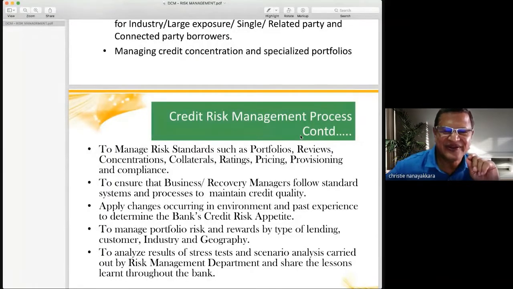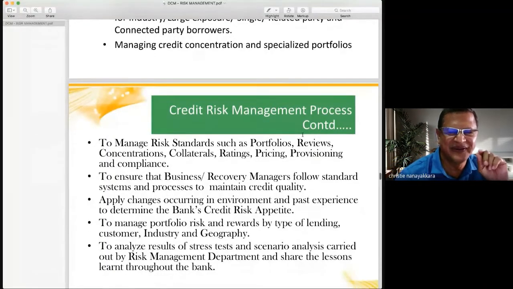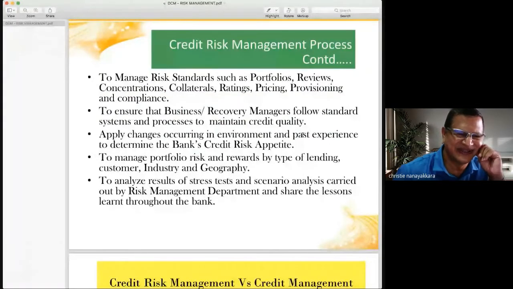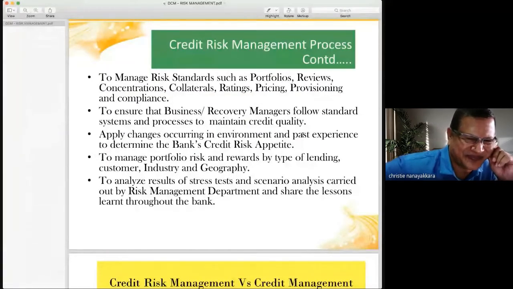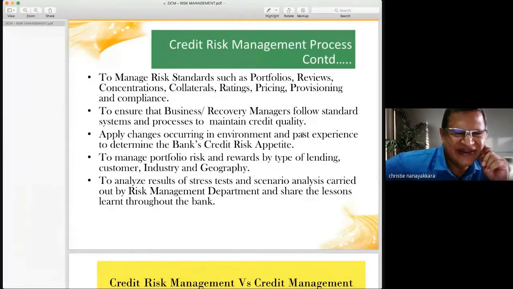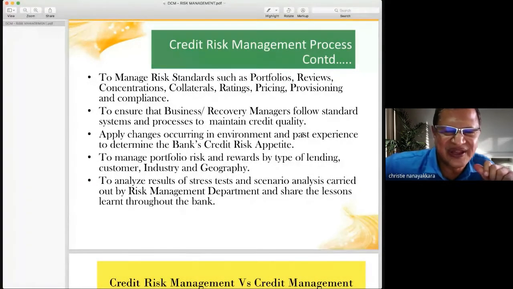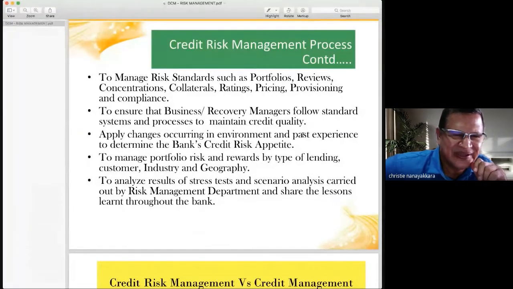And they will also look at, if it goes non-performing, how you have done your provisioning. But the idea is for the business unit to have a quality credit portfolio. So credit risk management supports you to do that, because that's your final aim.